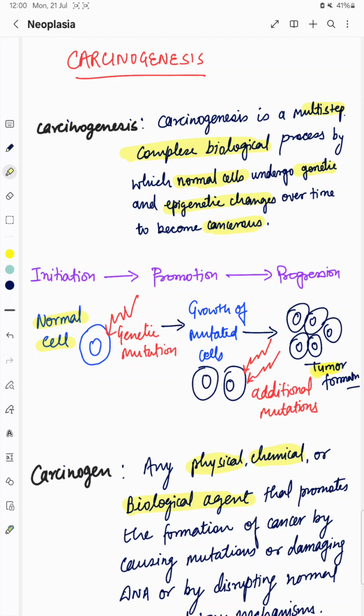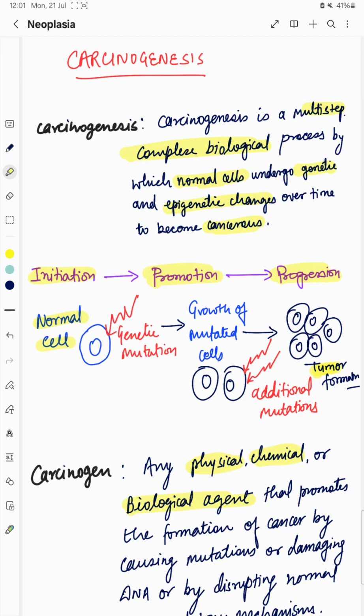Carcinogenesis has broadly three steps. First is the initiation phase, second is the promotion phase, and third is the progression phase. Normally, a normal cell is exposed to various environmental insults like radiation, chemicals, various infections and metabolic insults.